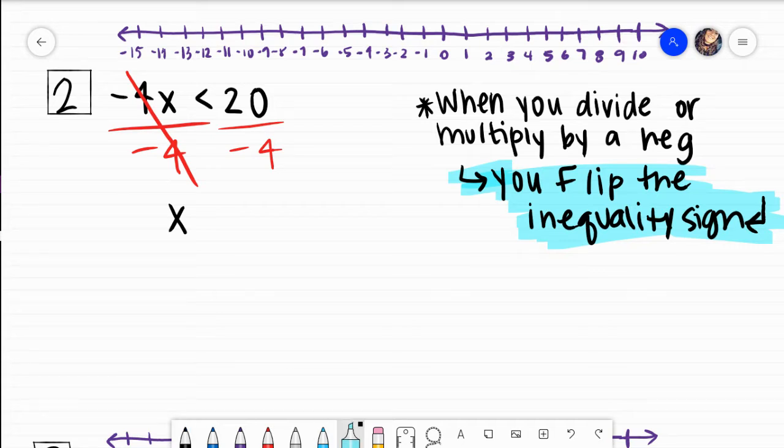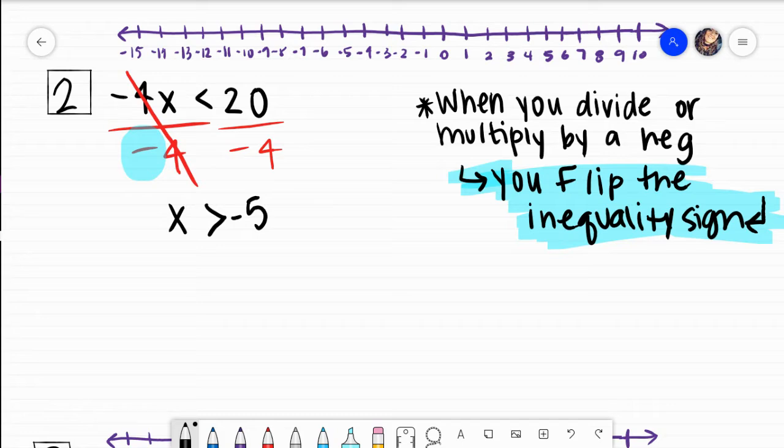But I cannot forget that because I divided by a negative number, I need to flip my sign. So it went from less than to greater than. And on the right-hand side, 20 divided by 4 is 5. The signs are different, so we get a -5.